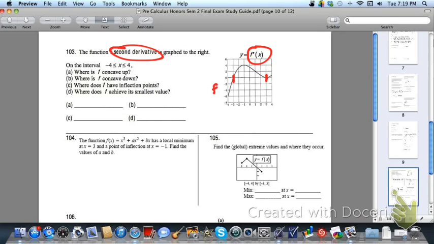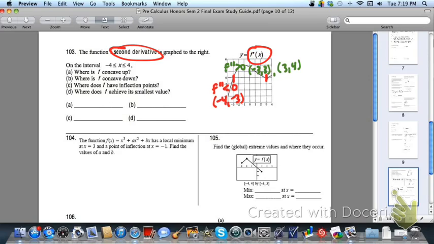When the graph of the second derivative is under the x-axis, f double prime is negative. That happens on the interval from -4 to -3. What we also see is that f double prime is positive on the interval from -3 to 3, but also on the interval from 3 to 4.